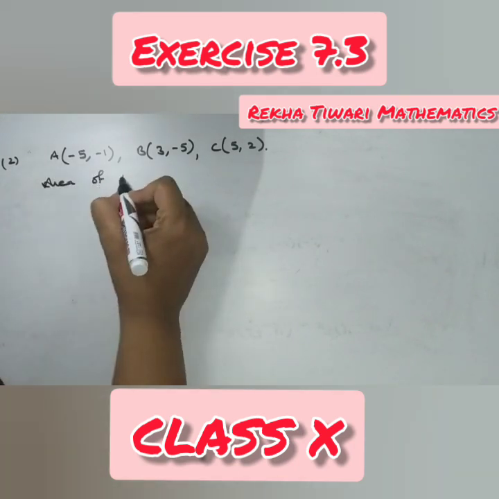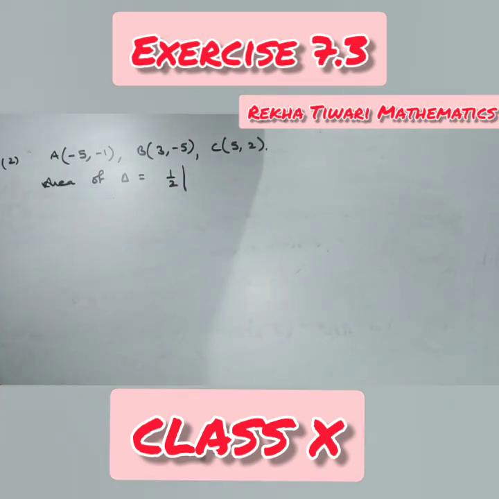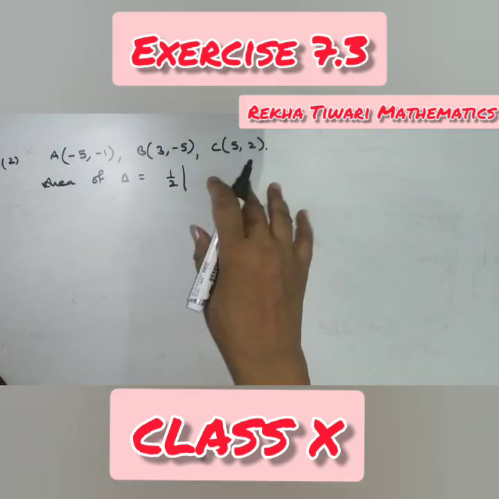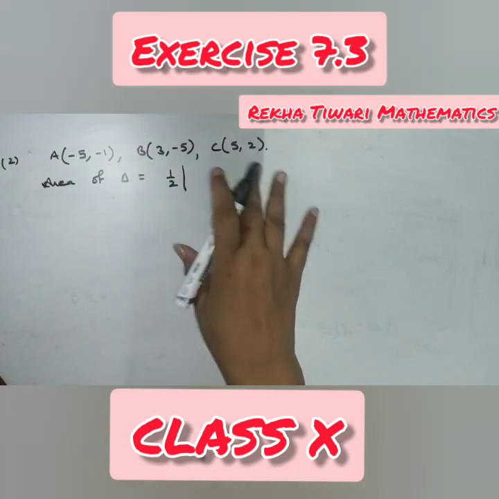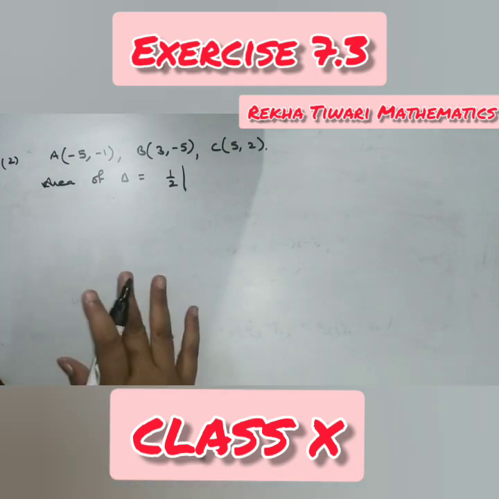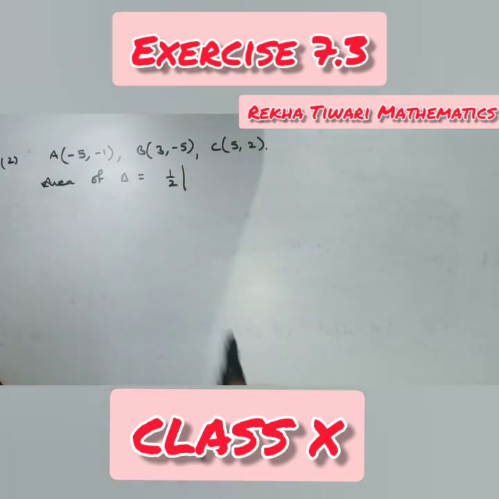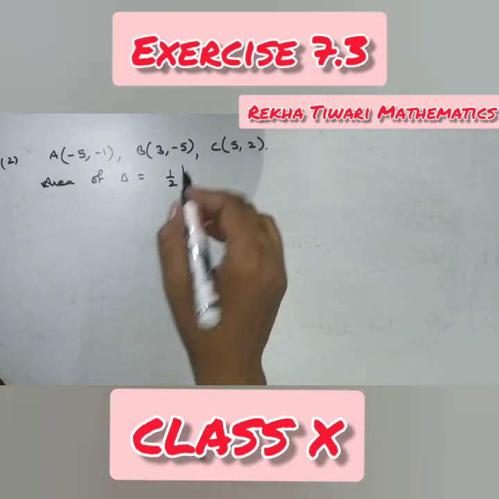So area of triangle is equal to half. Let us put mod, because we don't know whether our answer comes out negative or positive. But it should always be positive, because we are finding the area, and area is never negative. So in place of a square bracket, make it a habit to put mod.